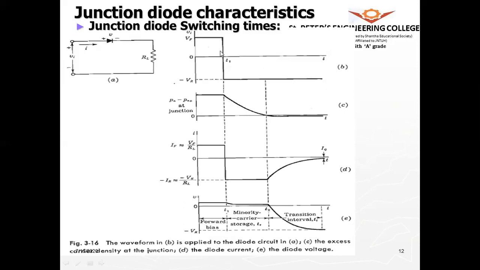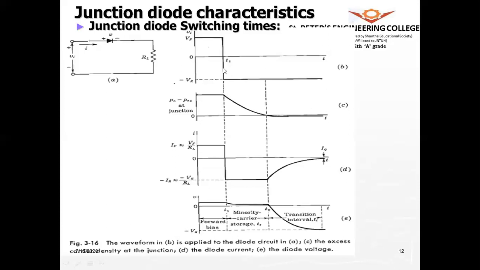So we have seen that when the diode is in the forward bias condition, a large current is flowing, and because current is present, the diode acts as a closed switch. When the diode goes into the reverse bias condition, there is approximately zero current for practical purposes, ignoring the reverse saturation current. The current does not flow, so it acts as an open switch.